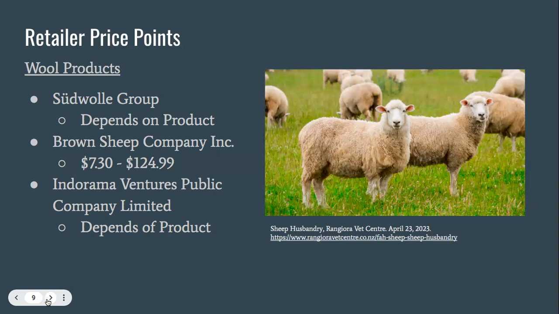And then it also depends on the product for the Endorma Ventures public company. It goes along with the same because if they are producing yarn, it's going to be a different price than if they're going to be producing clothing or hats or anything like that.